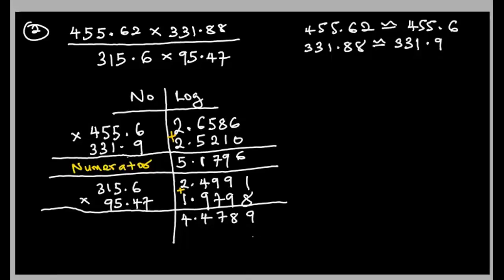Okay, now we are done with the numerator and the denominator. So this is the denominator. Yes, so we've gotten it. Now the last thing we need to do here is to divide the numerator by the denominator. So let's create another column here.